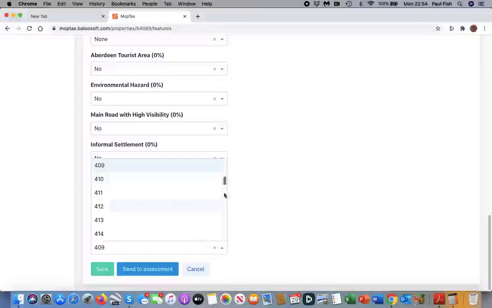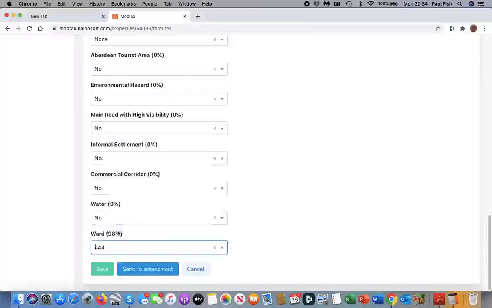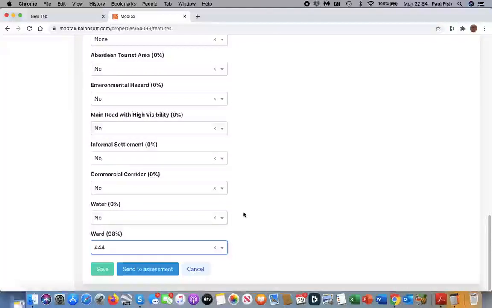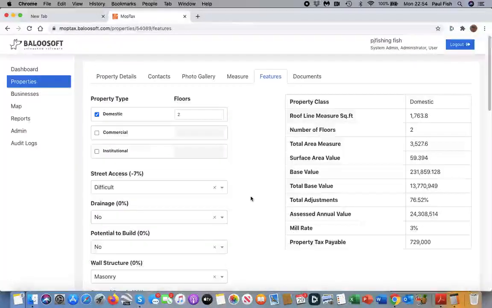But if you go to the West End, where you might find ward 444, I believe, that's here, you can see that the adjustment is well up, and that's 98%, because in the West values are much higher. So by that method, you can see that the rates that are applied are all automated and all interactive.